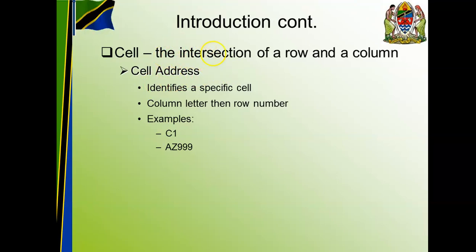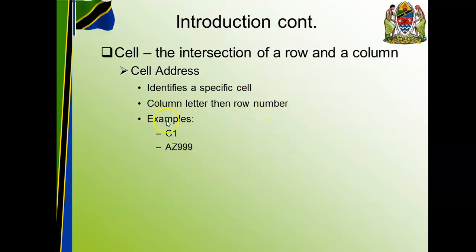Column letter, then row number. So the cell addresses are named by starting with the column letter and the row number. As I told you, the columns are represented by letters, whereby rows are represented by numbers. So the cell addresses are named by column letter and then row number.